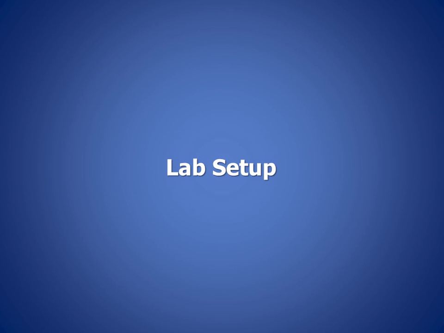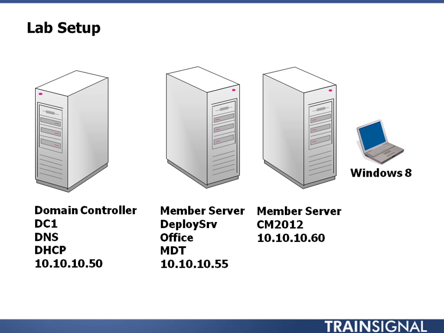Our lab setup. What we have is one domain controller. It's named DC1. It's running DNS and DHCP and has a static IP address of 10.10.10.50. Then we've got two member servers. One is named DeployServe. It has Microsoft Deployment Toolkit installed and the source files for Office.